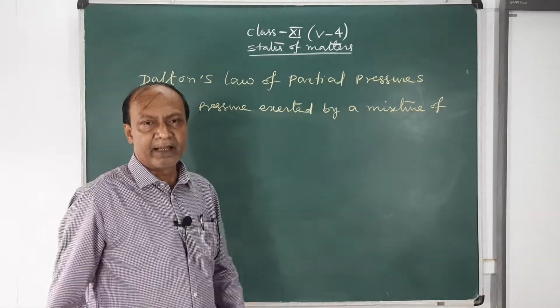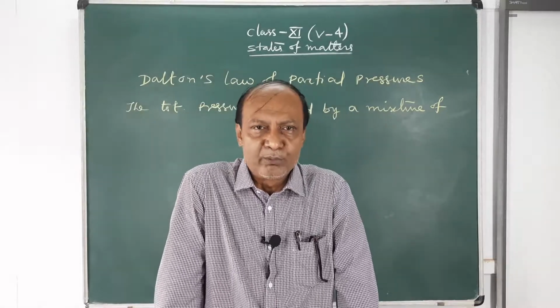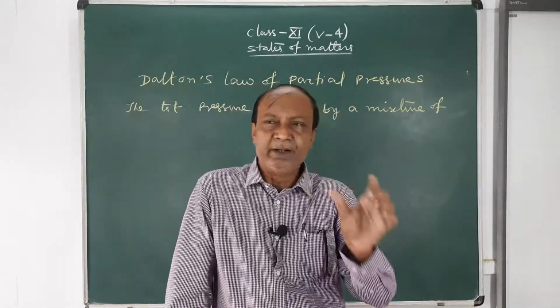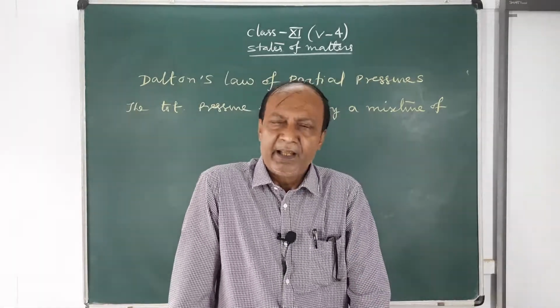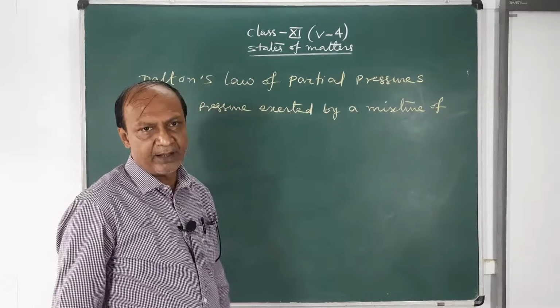Remember here, the gases should not react with each other. For example, we cannot take carbon monoxide and chlorine. If you take carbon monoxide and chlorine, they will react to form phosgene, a new gas. So in that case, Dalton's law can't be applied.